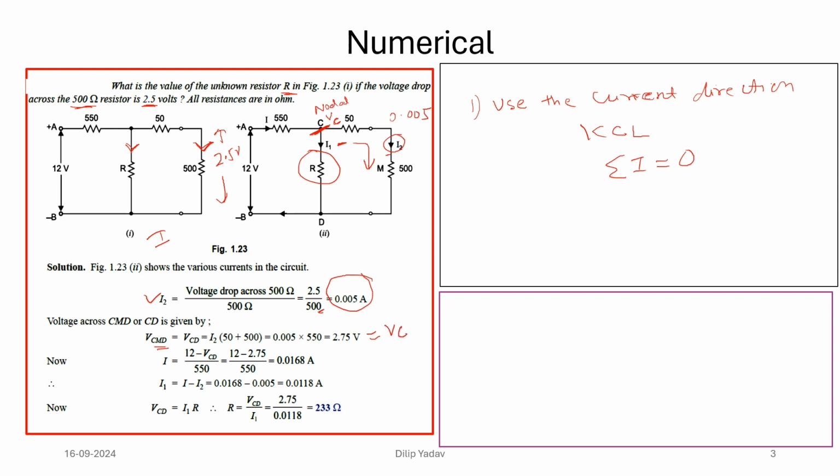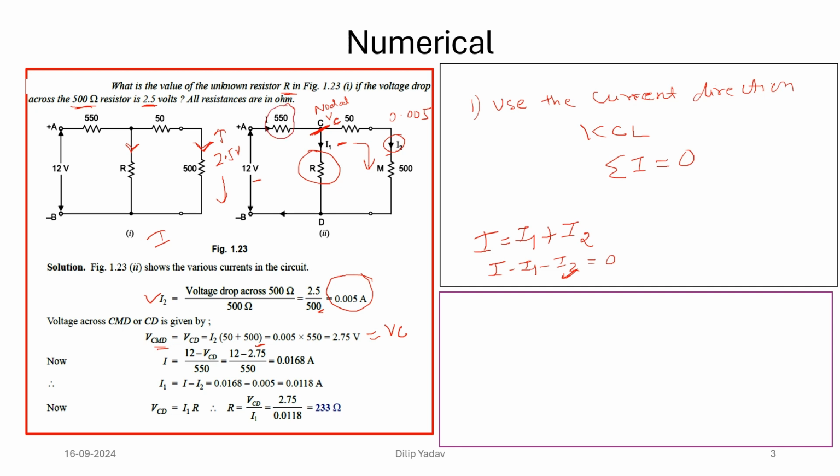Now we have the voltage across this, and I need to find the value of I. This is the current division rule: I splits into I1 plus I2. This is the basic equation, or I can say I minus I1 minus I2 should be equal to 0. We have the value of I2 and the voltage, and I need to find the current. So I will be equal to the voltage minus the voltage across this terminal, 2.75, divided by the total resistance, which is 550.